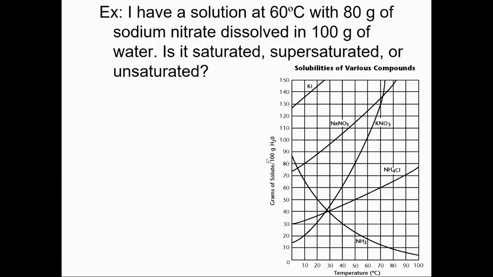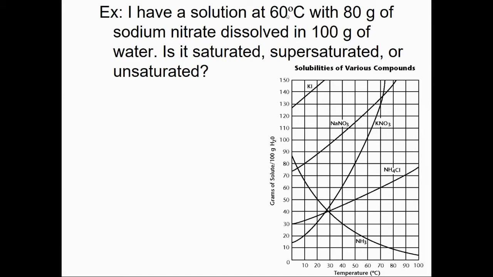Okay, so let's try some practice problems. So here, I have a solution at 60 degrees Celsius that has 80 grams of sodium nitrate dissolved in 100 grams of water. This is in 100 grams of water, so we don't have to make any adjustments.